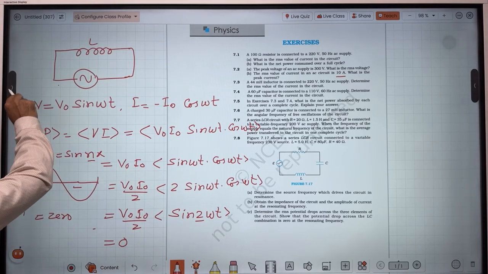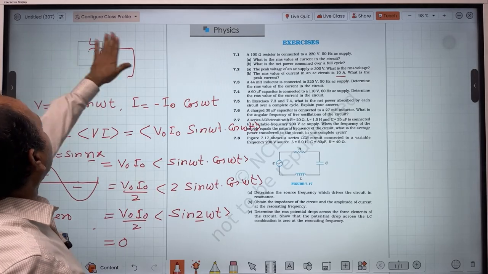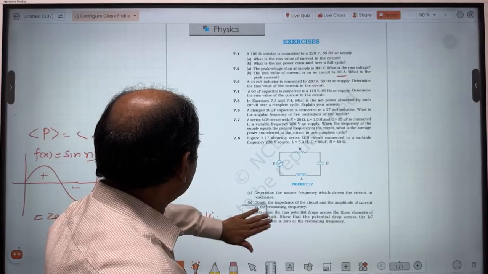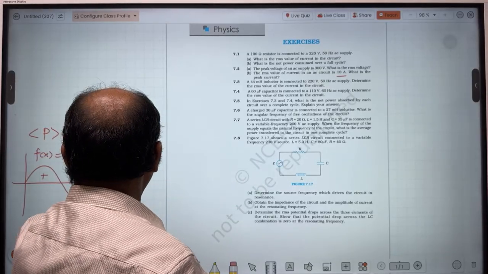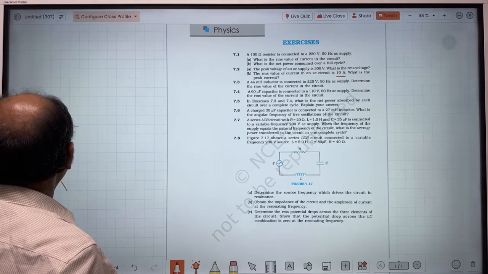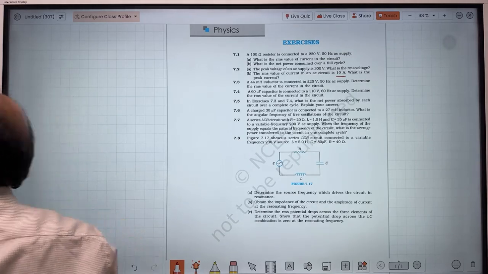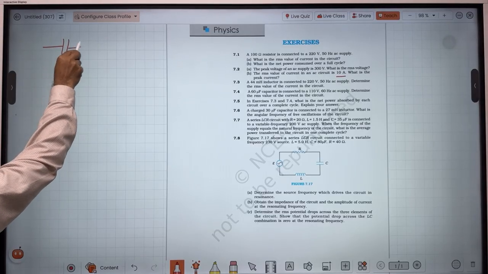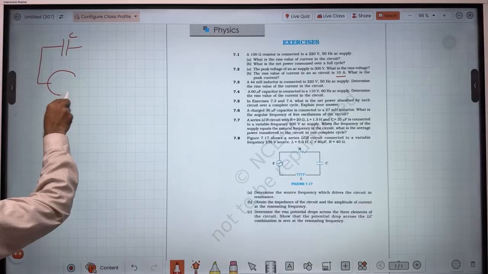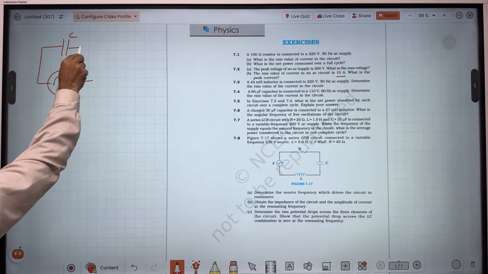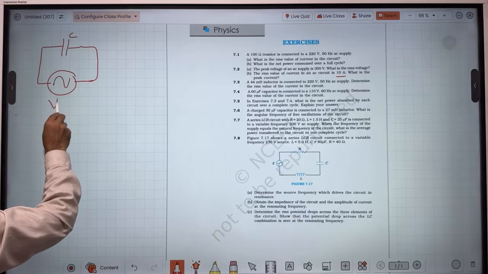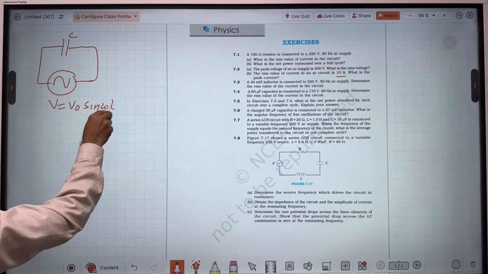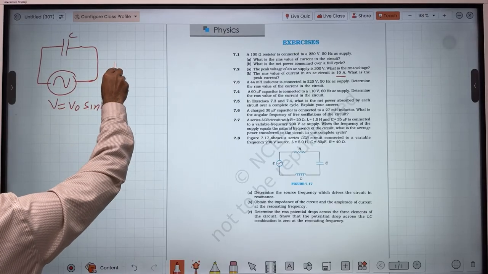Similarly, for a capacitor, let's calculate what the average power consumed is. So we are considering a circuit in which there is a capacitor and this is an AC source. If you remember, the applied voltage is V0 sine omega t, and the equation of current we have already derived.